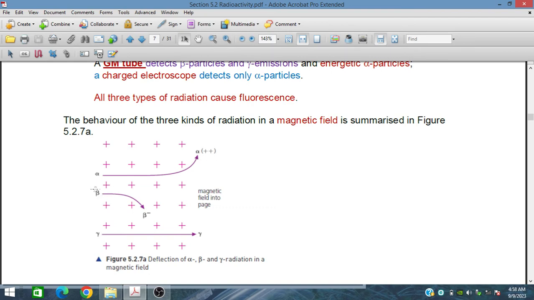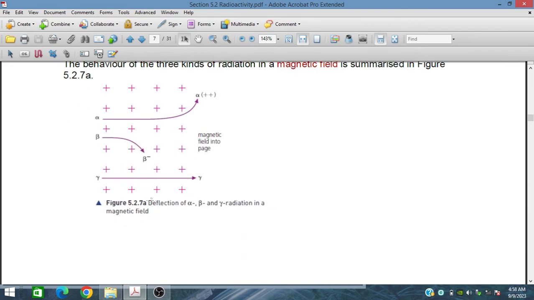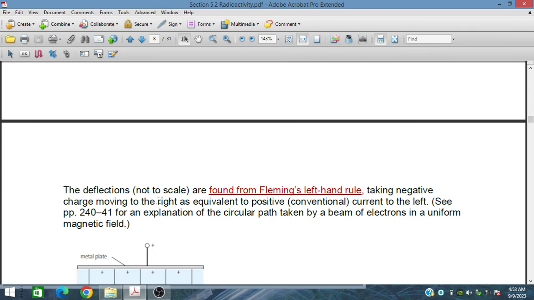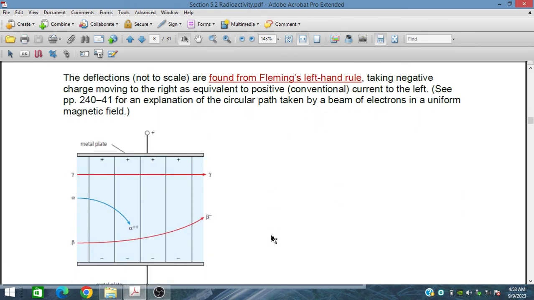On the opposite side, the beta will deflect in this direction. The deflections, not to scale, are found from Fleming's left hand rule, taking a negative charge moving to the right as equivalent to a positive conventional current to the left. So this is the alpha particle, and this is gamma, which will not be deflected.